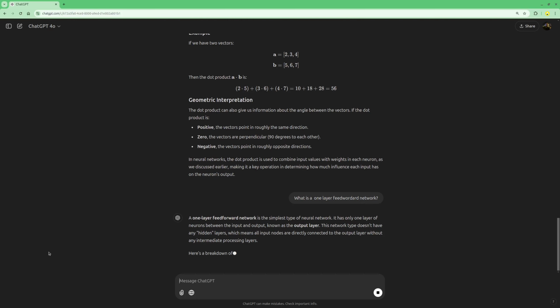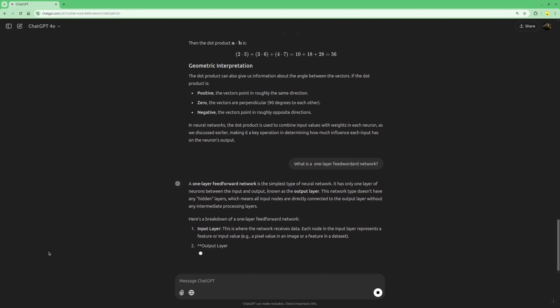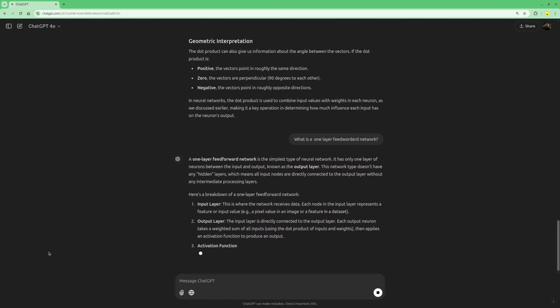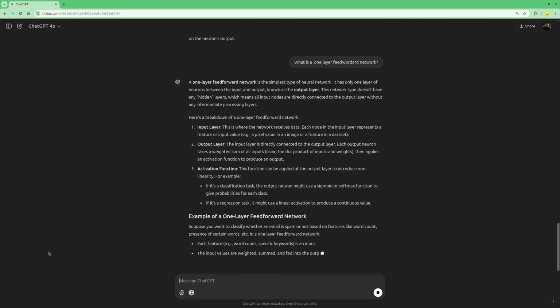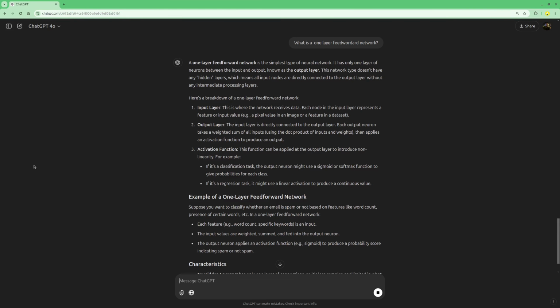A one layer feed forward network is the simplest type of neural network. It has only one layer of neurons between the input and the output, and this is the output layer. This network type doesn't have any hidden layers, which means all input nodes are directly connected to the output layer without any intermediate processing.